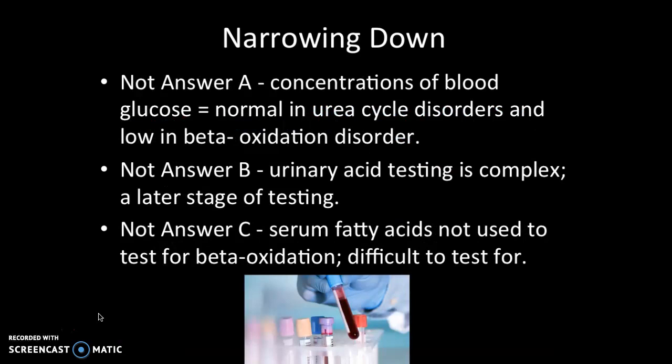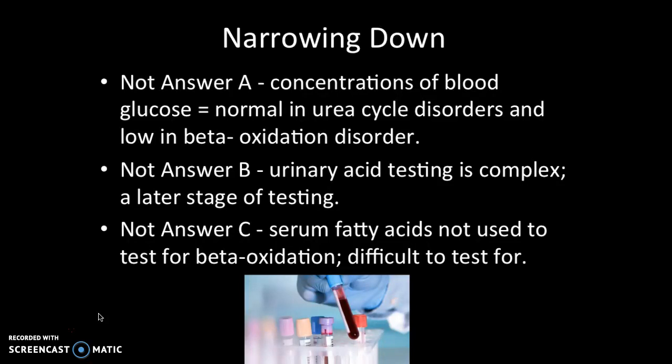So narrowing down these answers, we can determine that answer A, blood glucose, is not correct. It's incorrect because concentrations of blood glucose are often normal in urea cycle disorders and are low in beta oxidation disorders. So therefore, these levels can't really directly be compared.